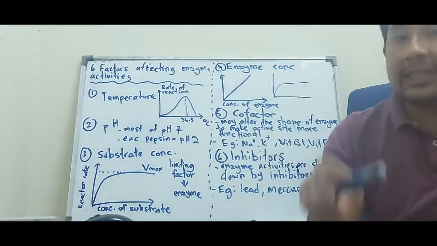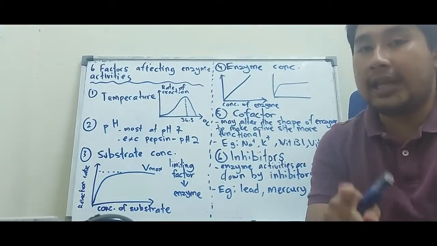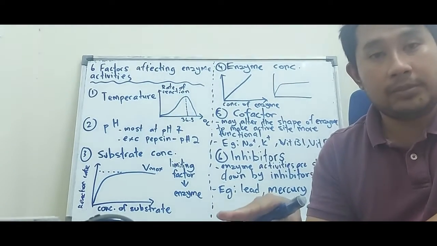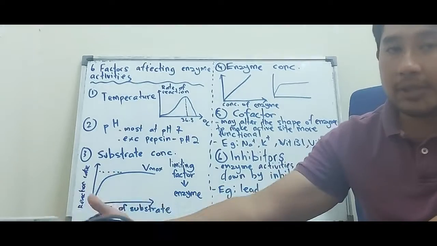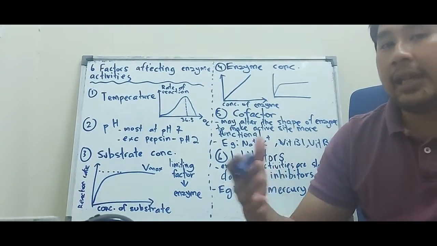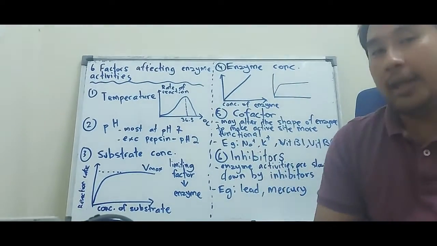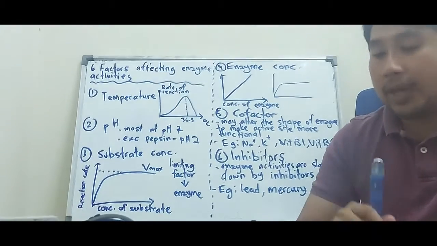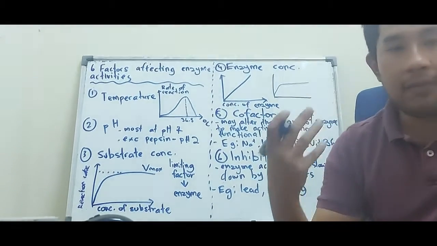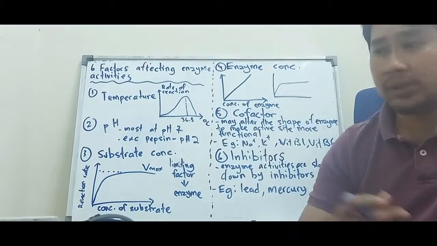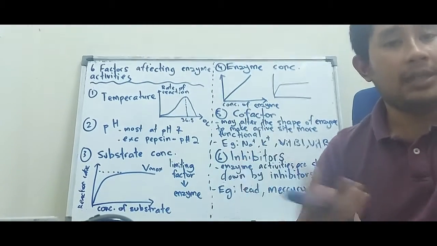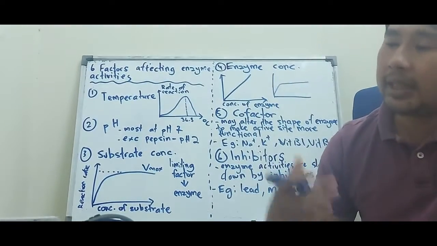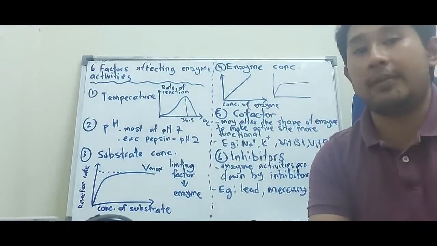When the temperature is low, the amount of kinetic energy you receive is low. As you increase the temperature, you increase the kinetic energy gained by the enzyme and substrate. As they have more kinetic energy, they will move faster. As they move faster, you increase the chance of collision to happen.